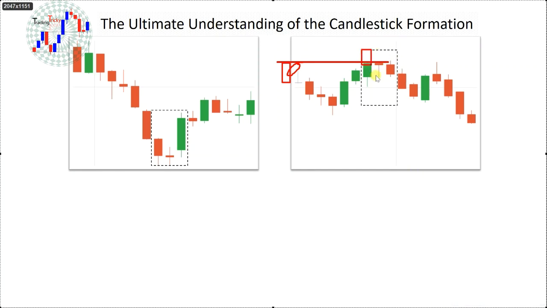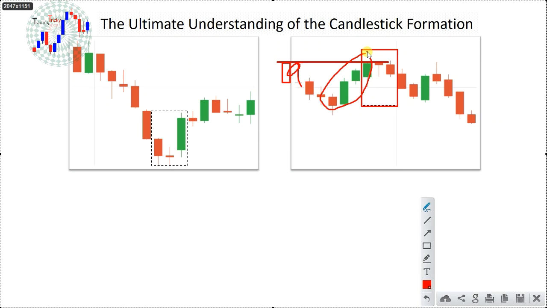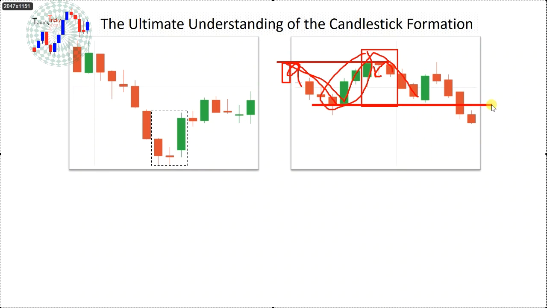Now this is the formation of the evening star. So after this evening star, see the very strong sellers entry. This is not very strong buyers, like 4 or 5 candles, only 3 candles. This candle has sellers entry, but from here we have some buyers entry. Again we can see sellers entry, but as this is a strong level and this is not a trendy market, after that we can expect the continuation at least to this level, this level.